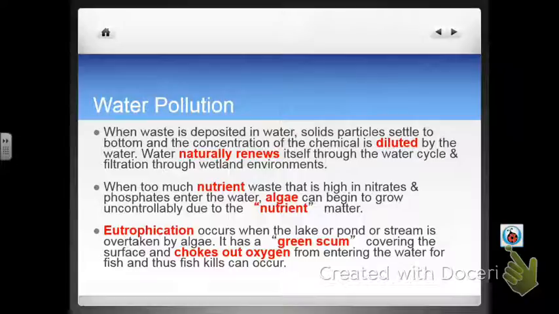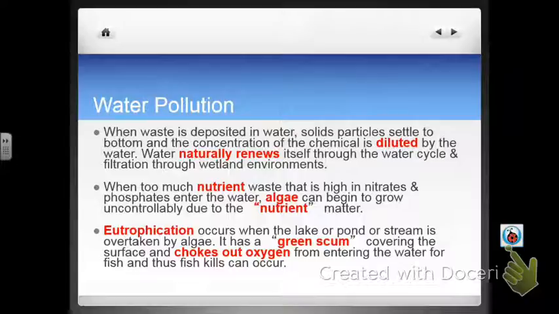Nutrient waste is waste that is caused by animal poop or human poop getting in the water. And nutrient means it is feeding the plant matter in the water. If you have too much plant matter in the water, the algae begins to grow out of control, and the body of water will take on a green cast in many cases.